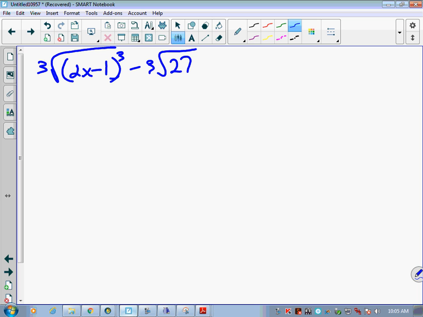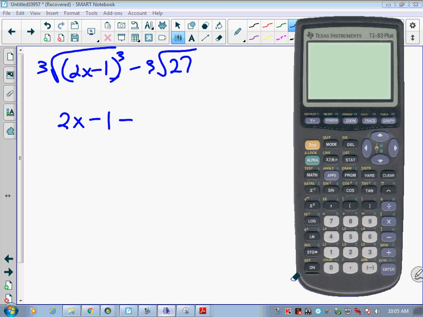What happens between the exponent and the root? They cancel out. So what am I left with? 2x minus 1. So the cube root of 2x minus 1 cubed is 2x minus 1. Okay, minus, what's the cube root of 27? It's 3, okay? And we can always pull up our calculator and check.